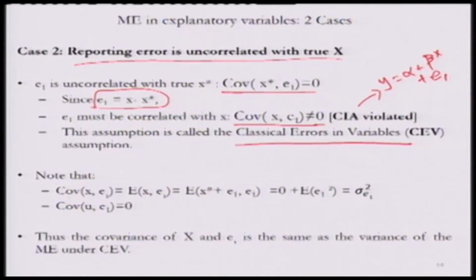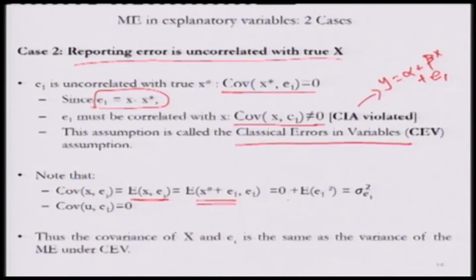So, note that the covariance of x and E1 is not equal to 0. So, we need to derive what this is equal to. This can be manipulated to be written as the expectation of x and E1. So, what we have is the expectation of x star plus E1, where we break x up into x star plus E1.